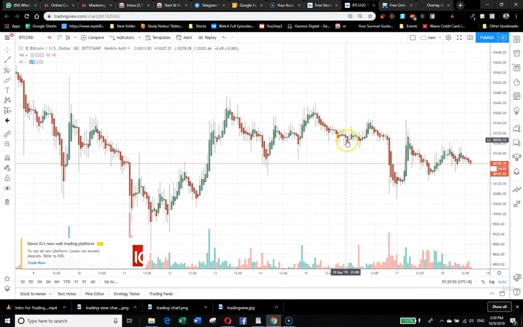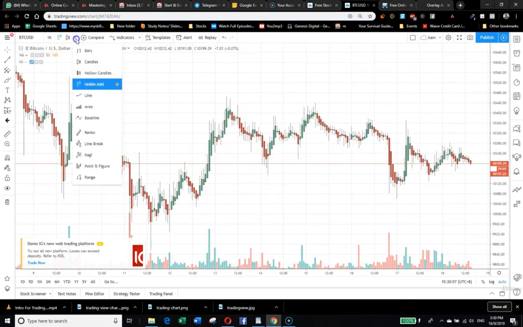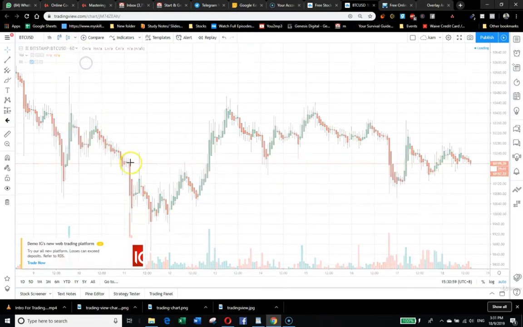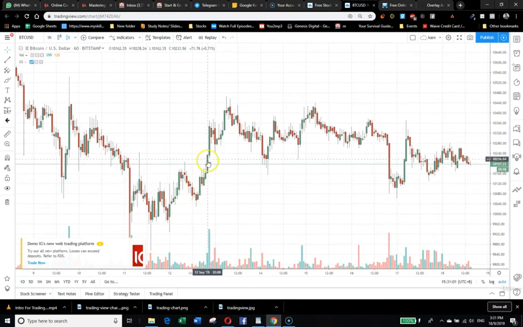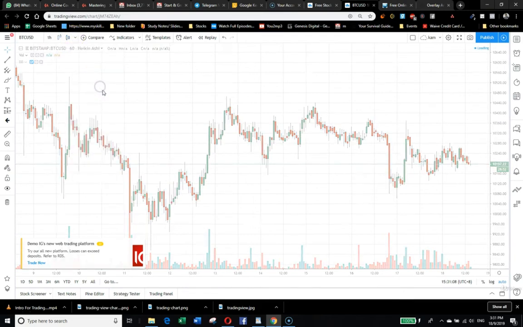So here the strength is down and here the strength is up, right? It's very easy to spot that compared to the normal candlesticks. You cannot see a continuous green here that we are able to see when I change this to Heikin Ashi. So that really makes life easier.